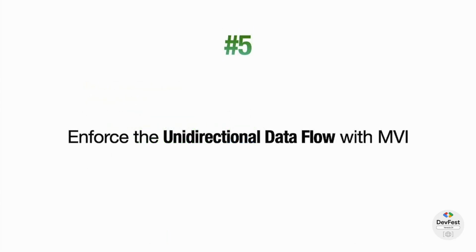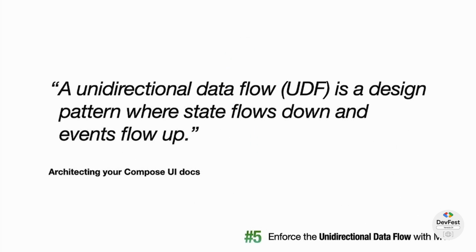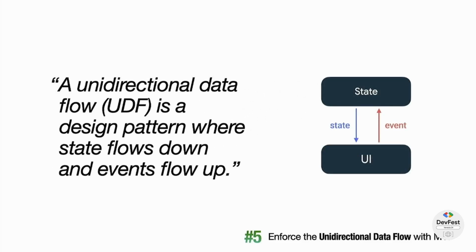Fifth tip, enforce the unidirectional data flow pattern with MVI. I took this from the Android documentation. A unidirectional data flow, or UDF, is a design pattern where state flows down and events flow up, right? So what does it mean? Here's a little graphic. Visually, it's always easier to understand. Here are our composables, or the composition.